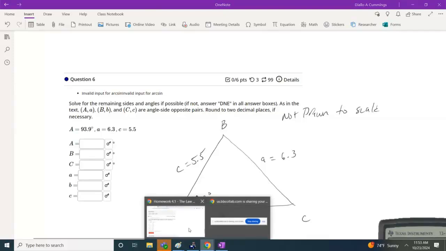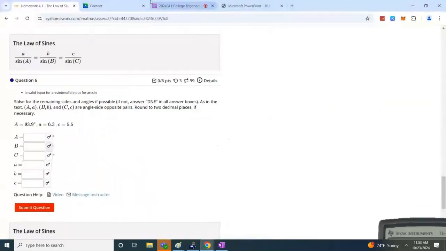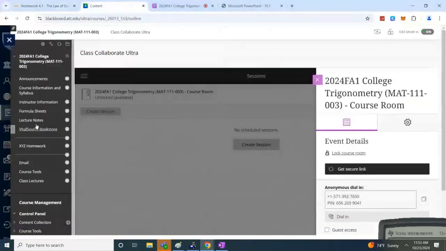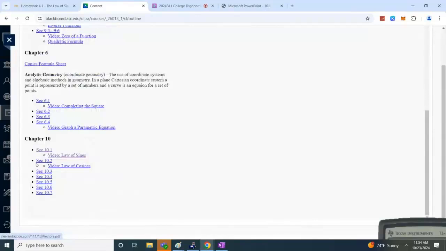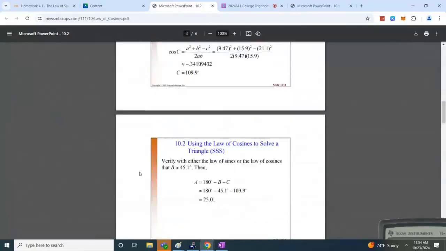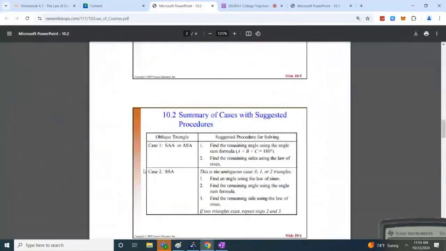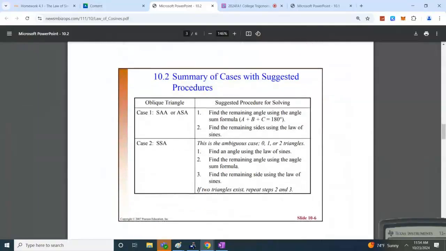And I guess before I go any further, I'm going to go into the lecture notes, and this is in 10.2. So now this is what I was talking about earlier.